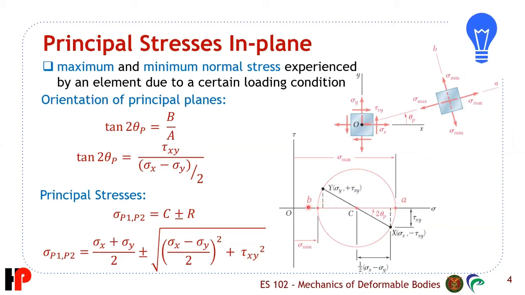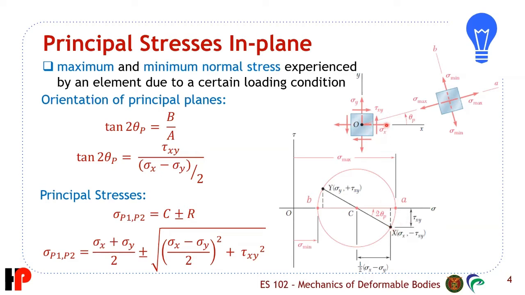Okay? Now, remember, your principal orientation, theta P, is measured from the x-axis or the vertical plane. So, recap lang natin na vertical plane is the x-axis, horizontal plane is the y-axis. So, if in real life, to get to the principal orientation, you get theta P, ganyan, so na counterclockwise, in the Mohr circle, so for example, ito si point x, paano nalaman na yan si point x?